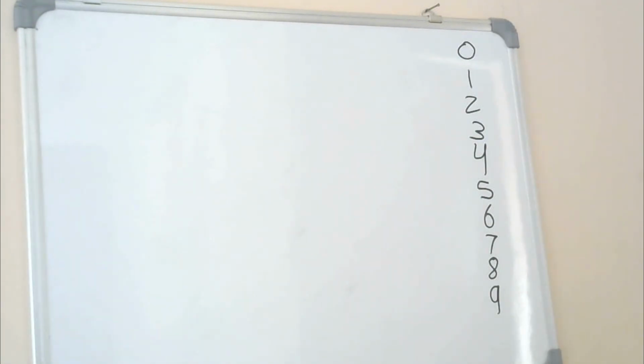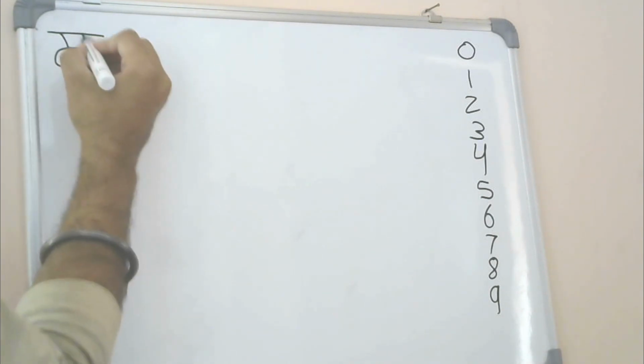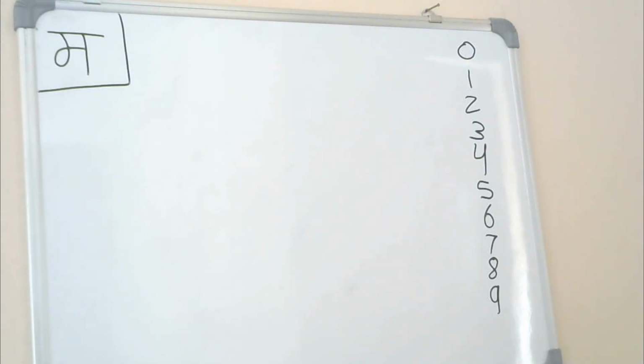The fourth letter in Gurmukhi is Sasa. Line, this thing, this thing. This is my fourth letter. How to write it? First step. First step is very important. You should know how to write this letter first.